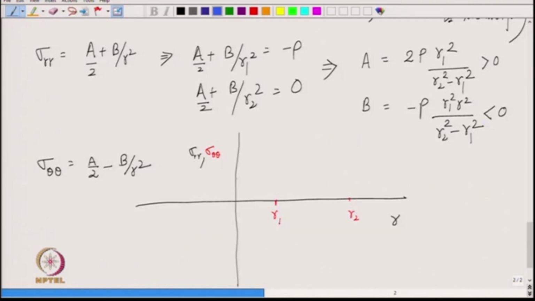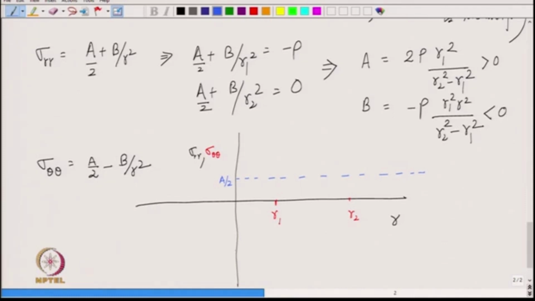So, we can think of a line which is at A by 2, okay, and both the curves for sigma r and sigma theta theta have to approach this line as r goes to infinity. Now, we know that sigma r r at r 1 is equal to minus of p from boundary condition, right.